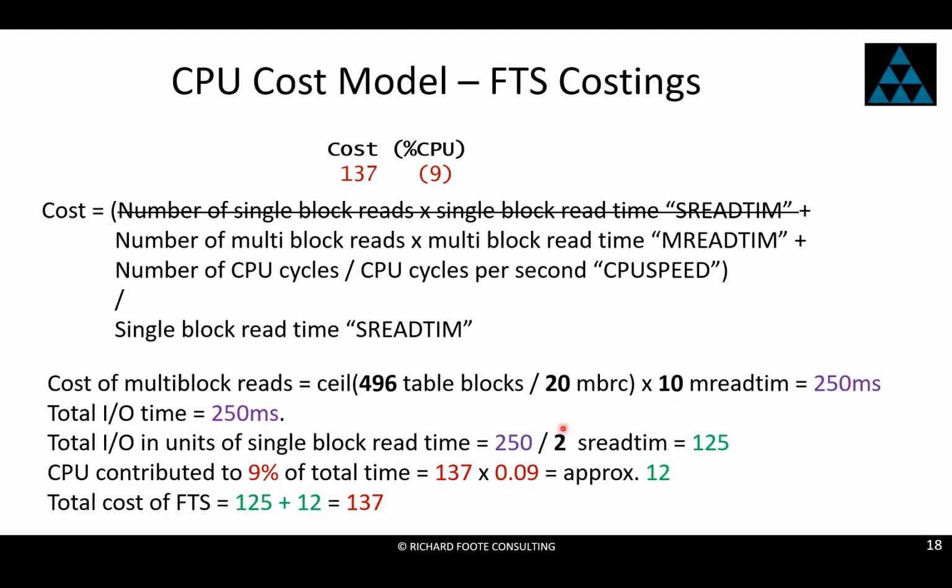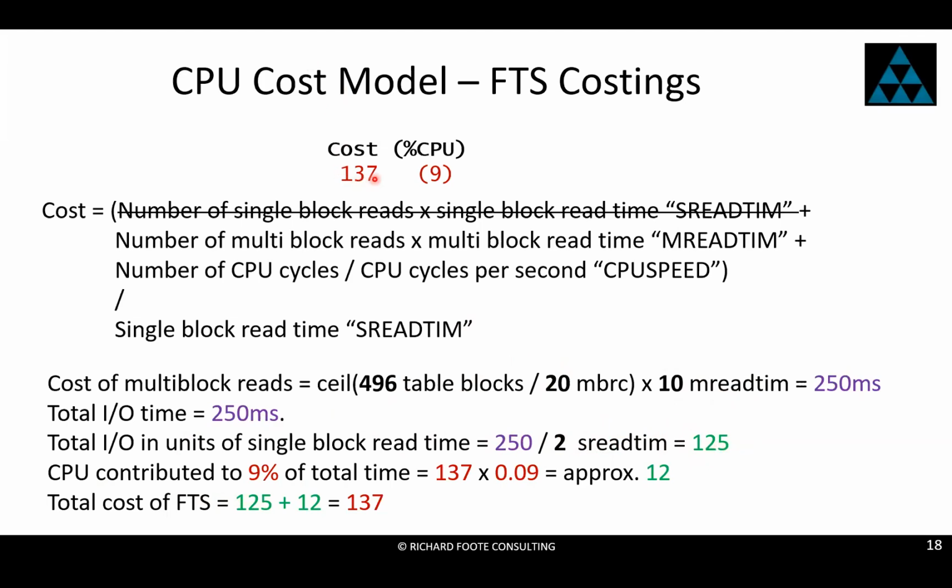But what Oracle does is divide that figure by the time it takes to do a single block read. So I convert this time into units of how many single block read equivalents that is. It's 125. So the cost of reading this table is effectively 125 single block reads, however long that would normally take.